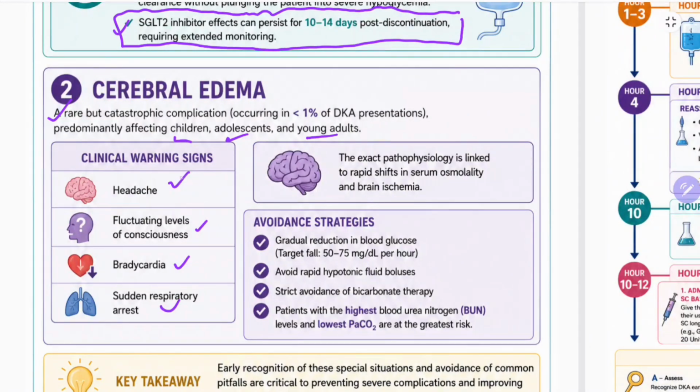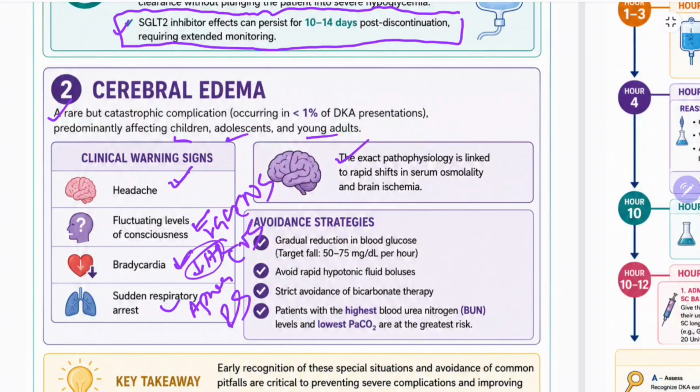Okay, so headache, low GCS, bradycardia, decreased heart rate, and apnea. So we should monitor the heart rate also. This is CNS, this is CVS, this is respiratory. So these systems will help us to detect this cerebral edema. The exact pathophysiology is linked to rapid shifts in serum osmolality and brain ischemia.